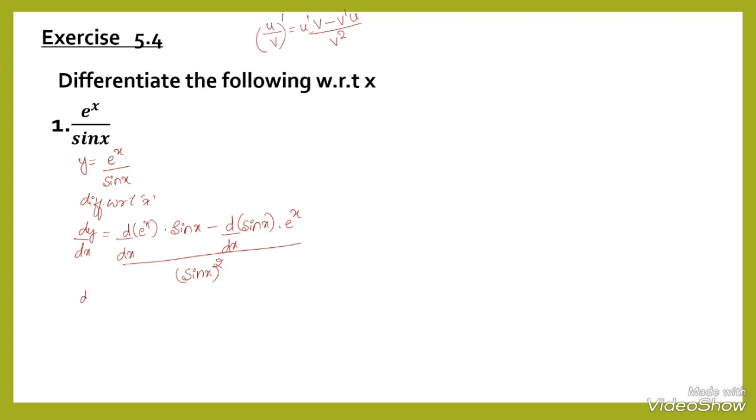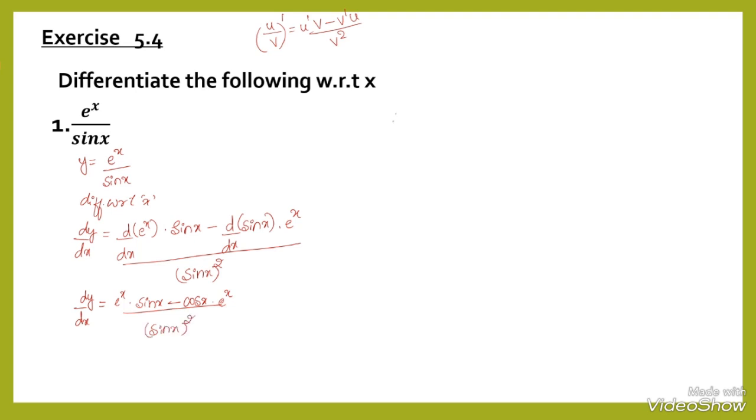Now dy by dx is equal to differentiation of e to the power x, again into sin x. Here minus differentiation of sin x, which is cos x, into e to the power x, divided by sin x whole square.